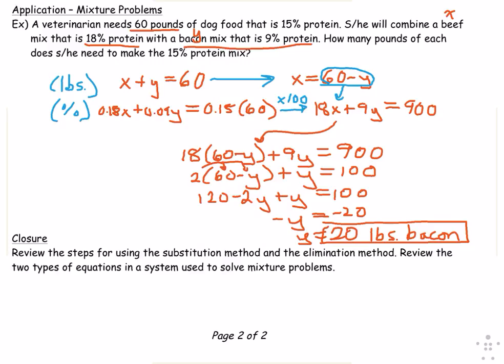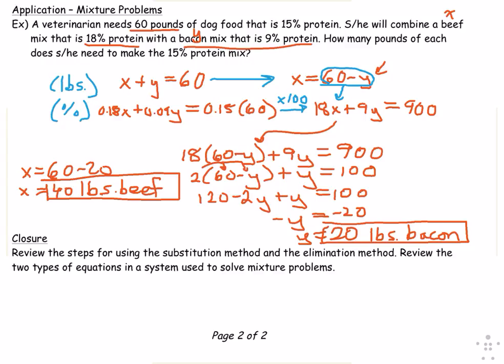And then I need to substitute in x, so I might as well write here, because it's already isolated, rather than going back to any of the originals, because these two are equivalent anyway. So what I do next is substitute in the y value of 20 to find that I need 40 pounds of the beef mix. Make sure to label your answers.